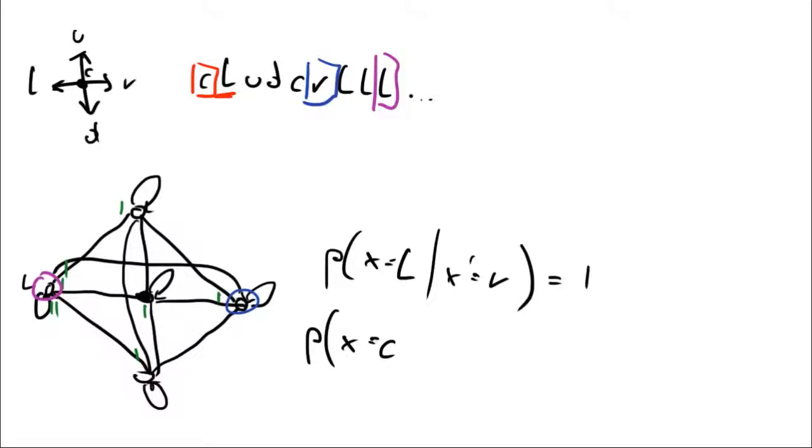Probability of x being c, kind of the event that we read is going back to the center, given that we are already in the left node, is, we had 1 there, so that is 1 divided by the number of outgoing edges, which is 1, 2, 3, 4, which is 0.25.